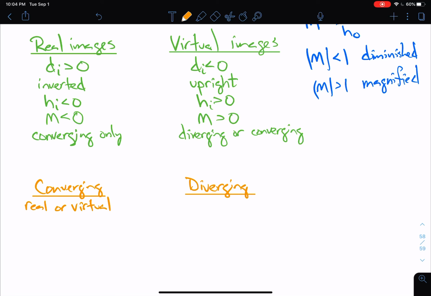So a magnifying glass, you can use that to create real images or virtual images. It'll create both. Okay? But a diverging optic can only make virtual images. Another big thing about converging and diverging. Converging optics, the convention is that they have positive focal lengths, whereas for diverging optics, negative focal lengths.